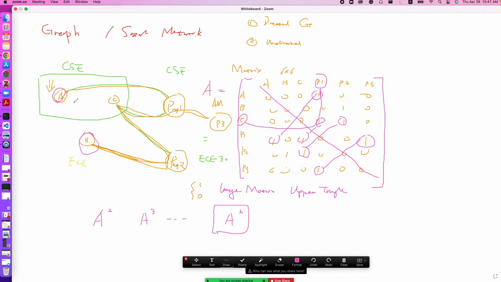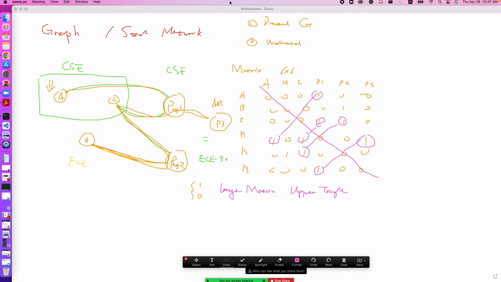How can we reach out to A by using this matrix? Maybe by several times, these values become a 1. That is something we don't need to know yet, but there are some properties here if you're interested.